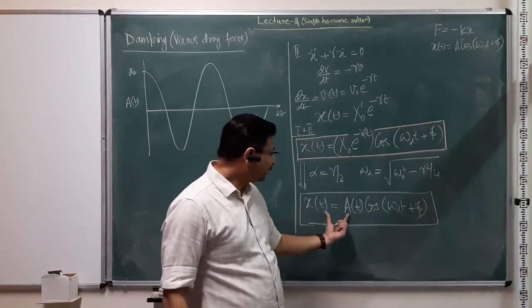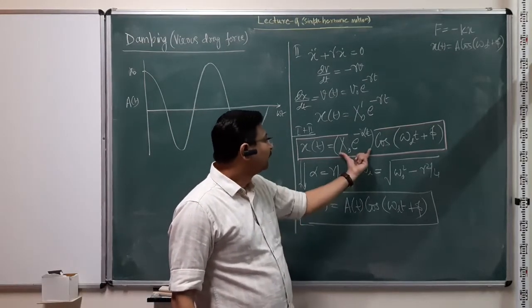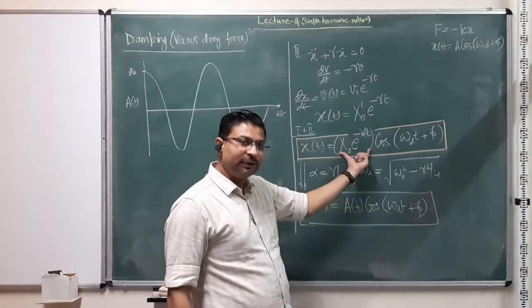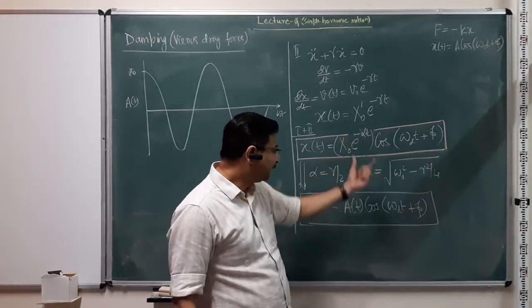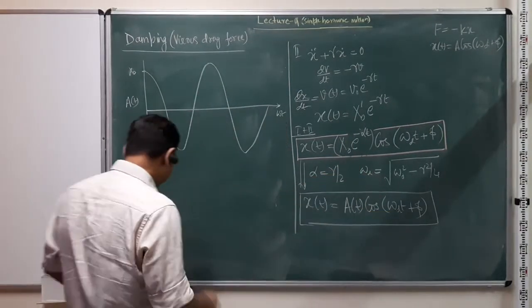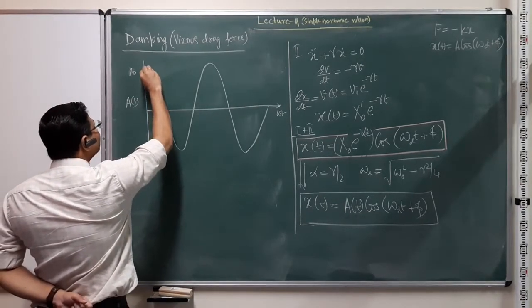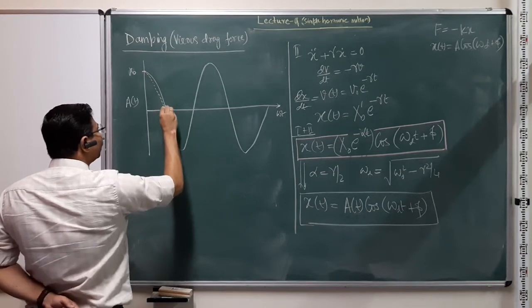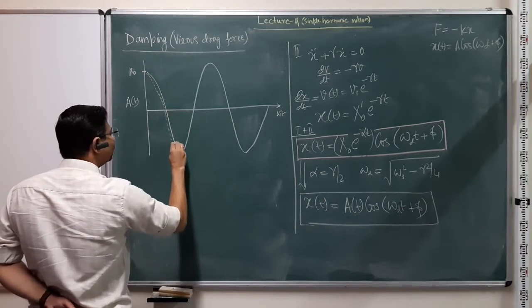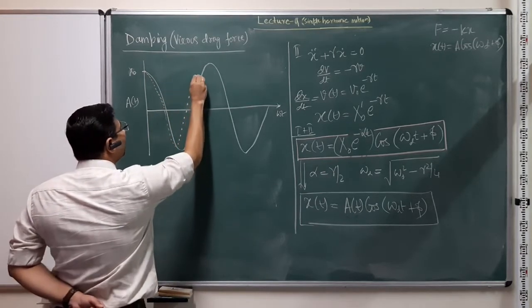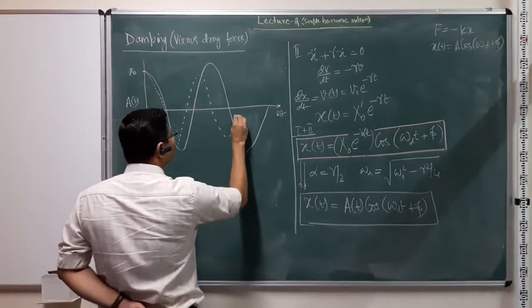In case of a damping term now, this amplitude goes down as an exponential of minus gamma by 2 t with a slightly different frequency, right? So this will look something like this. It will start with the same amplitude and try to go down, of course the frequency is slightly different, and keep losing amplitude in each successive cycle, right?